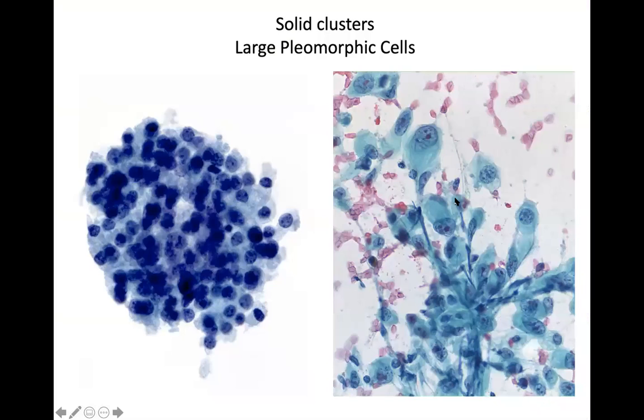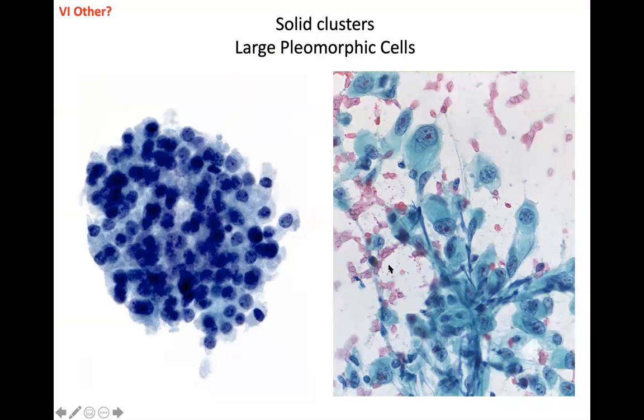Okay, our next diagnosis on cytology are these very solid clusters on the left with very dark nuclei, or on the right, more pleomorphic cells, some of which have really large nuclei and prominent nucleoli. They don't really fit the patterns of anything we've seen so far.